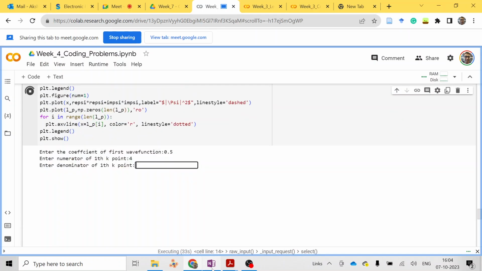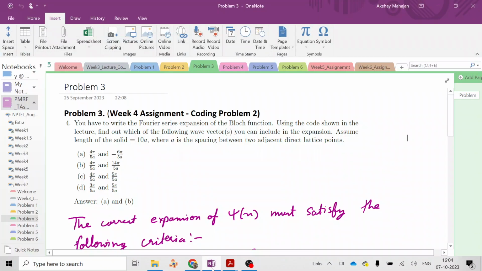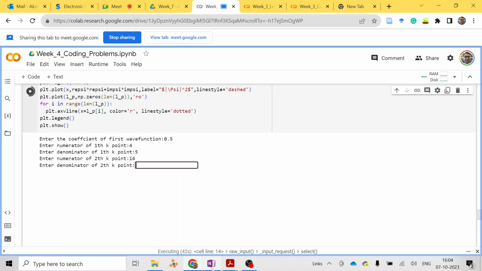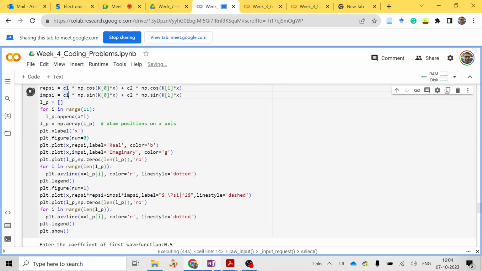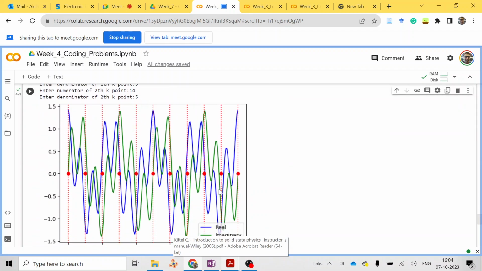So just enter 4 and 5, which is the first key point. Then second is 14 and 5. Here we can see that the continuity is still being satisfied.